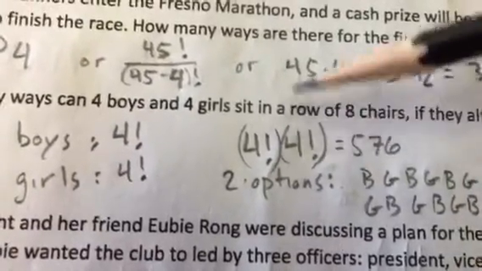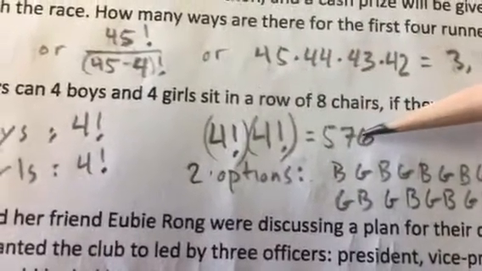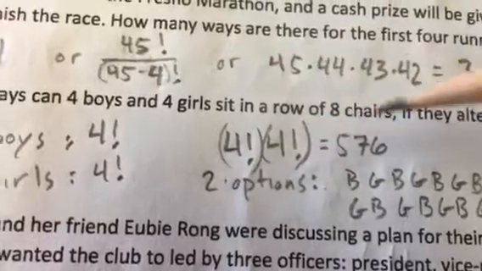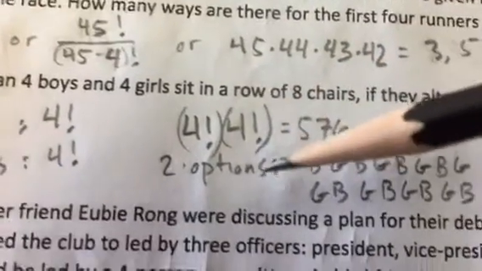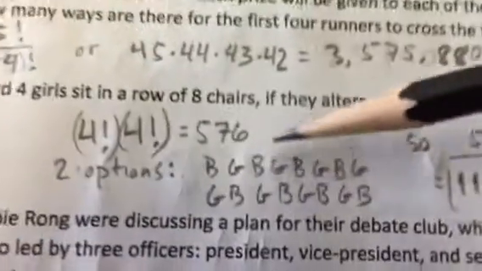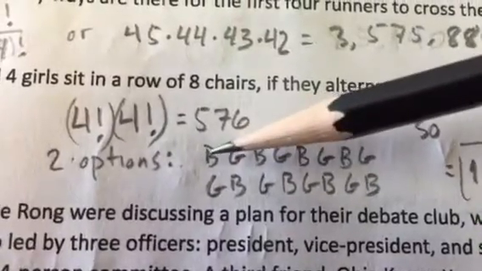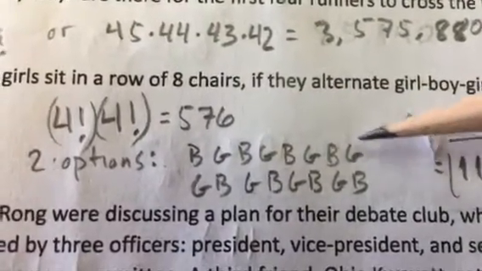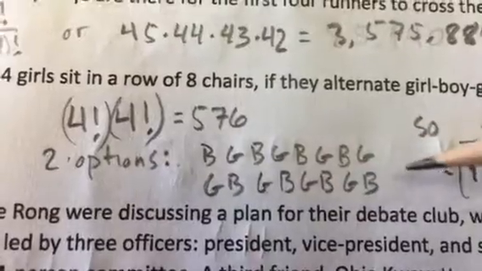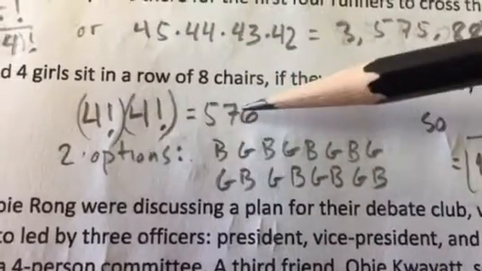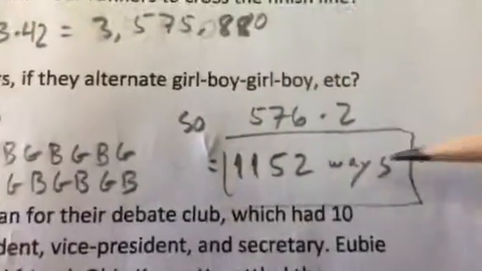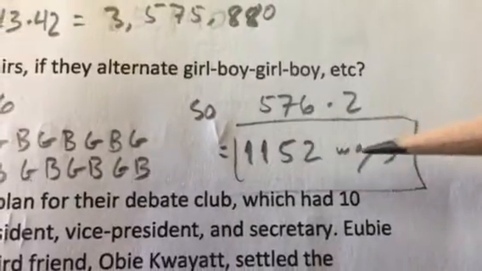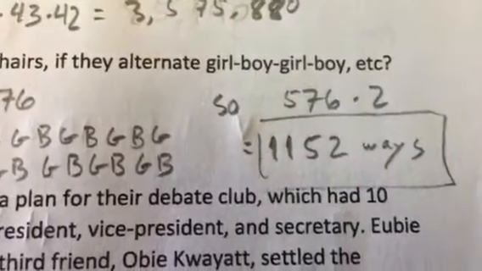So that's 576 different ways that the girls and boys can alternate. However, there are actually 2 different ways this could happen. We could have a boy on the left end and a girl on the right end, or a girl on the left end and a boy on the right end. So you take this number and multiply it by 2, and you get 1,152 different ways that they can sit in those chairs.